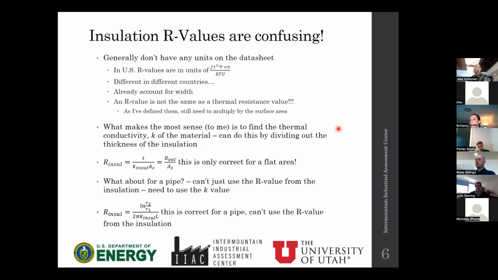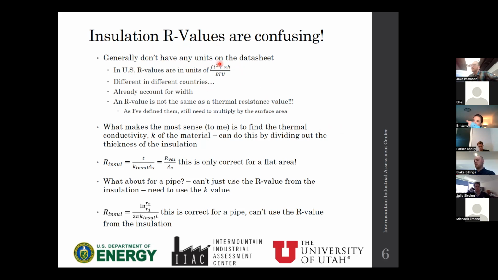And so I've been talking about thermal resistance. And then if you go to insulation vendors, they come in the form of these R values, which are different than how I've defined them and how I've been talking about them in this presentation. And so I find that to be pretty confusing.